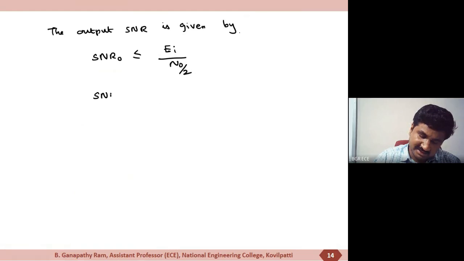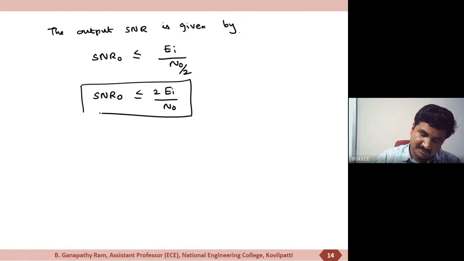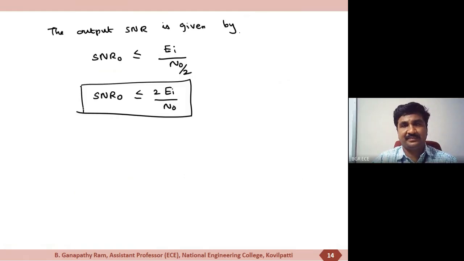So SNR output will always be less than or equal to 2 Ei by N0, where Ei is the symbol energy over a time period of Ts, where Ts is the symbol duration, and N0 is the noise power per unit bandwidth.